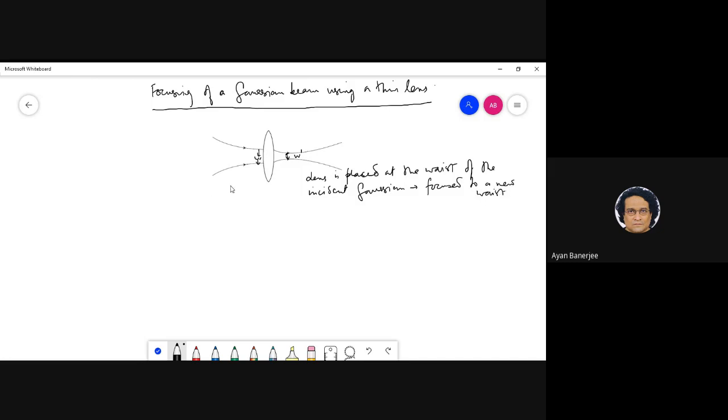Because it's a waist, you know that the radius of curvature is infinity, because it's a plane wave there. So of course, this Ri is infinity.